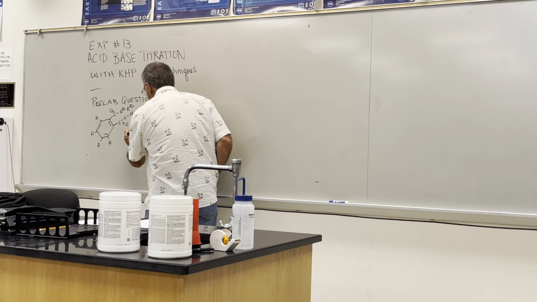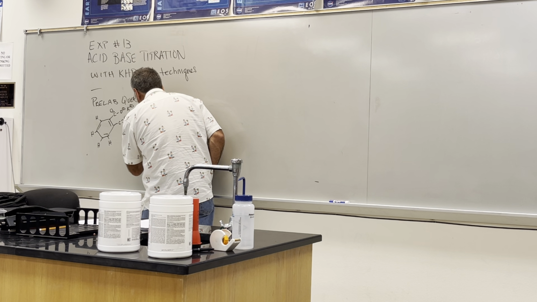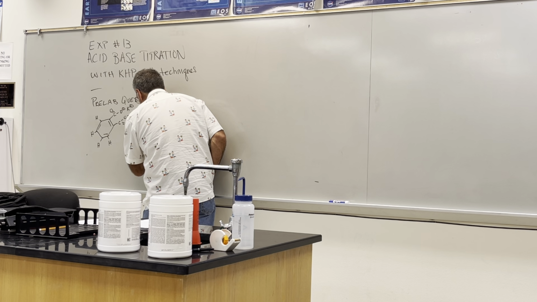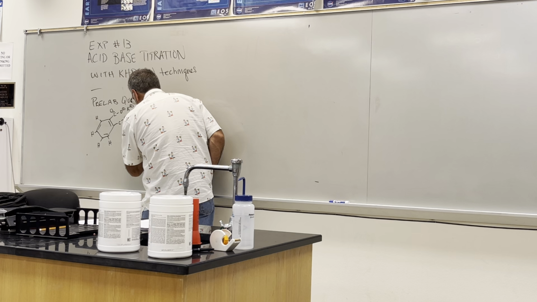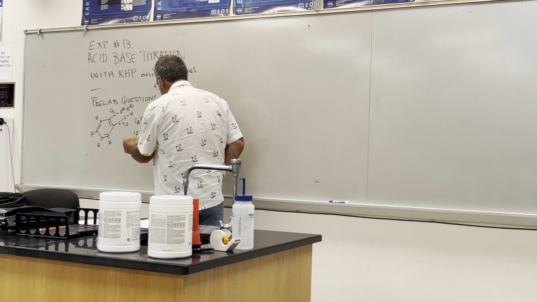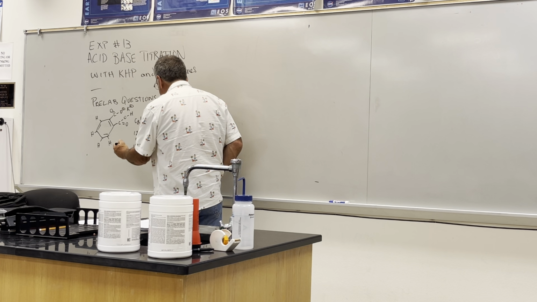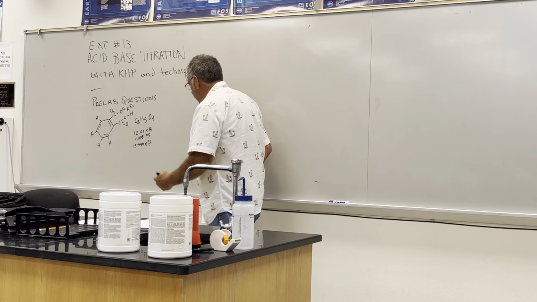So now I have 12.01 times 8, 5 times 1.008, and then 4 times 15.999. Right? So 32, 64, and 5, 69, and 96. So whatever that is.